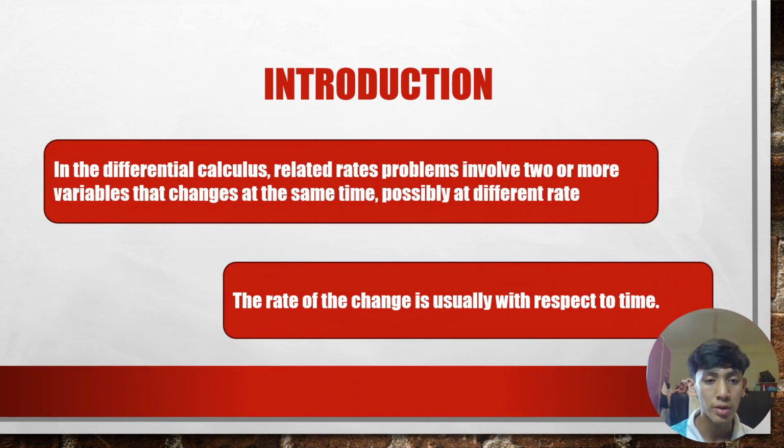For the introduction, in differential calculus, related rate problems involve two or more variables that change at the same time, possibly at different rates. The rate of change is usually with respect to time.